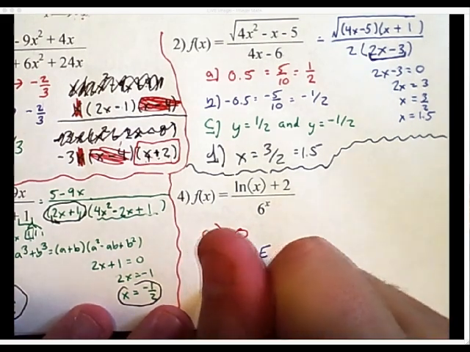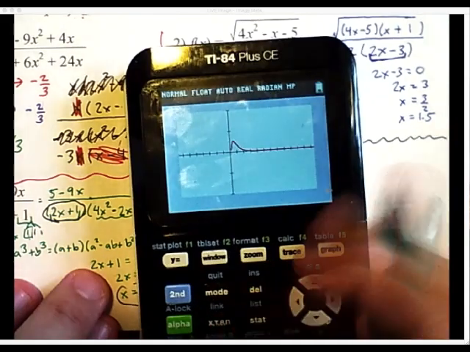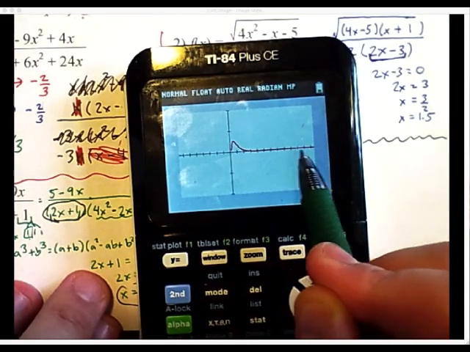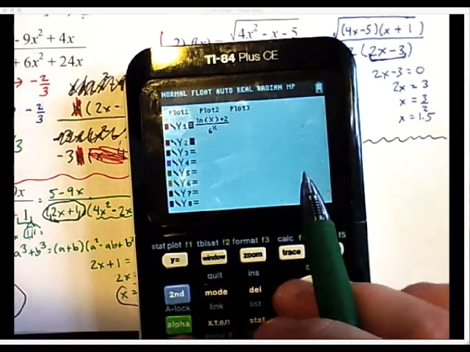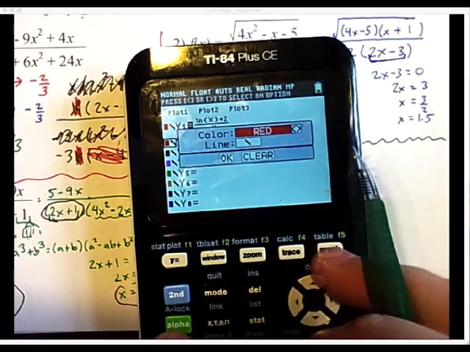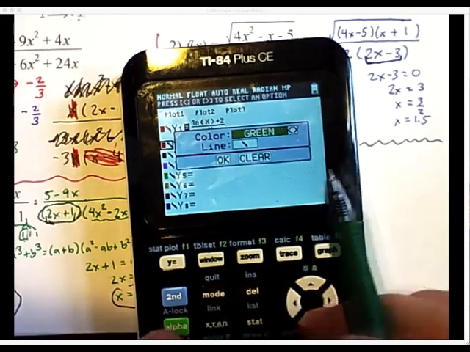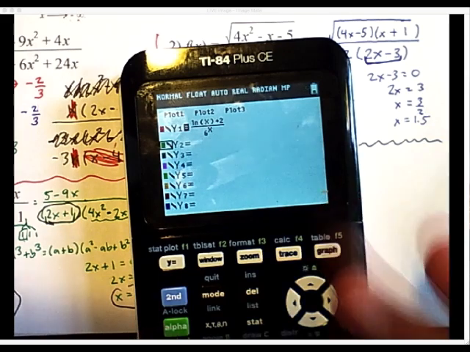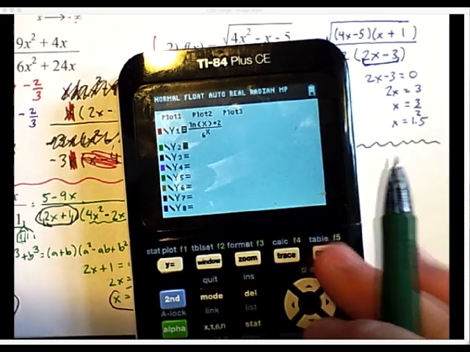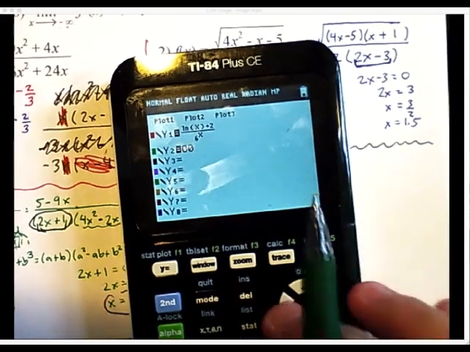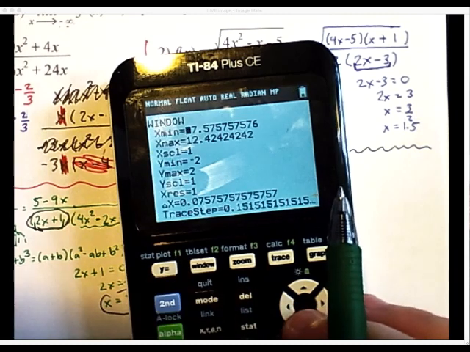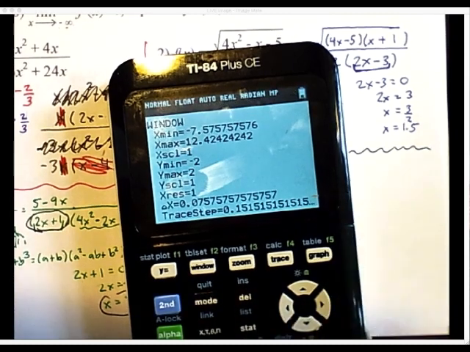Now, is there an equation of a horizontal asymptote? Yes, there is, because I can draw in a line. Let me turn it into a green line. I'm going to change my window just a little bit here.